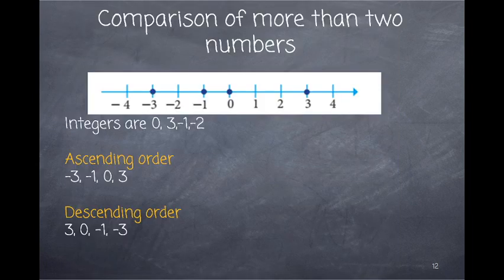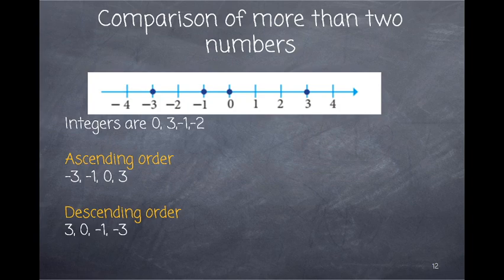Now let's compare more than 2 numbers. If you want to compare more than 2 numbers, you can use the comparison symbols, or else you can use ascending order or descending order. Ascending order means we write the numbers in increasing order. Descending order means we write the numbers in decreasing order.